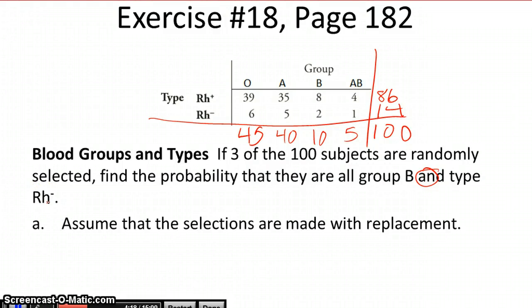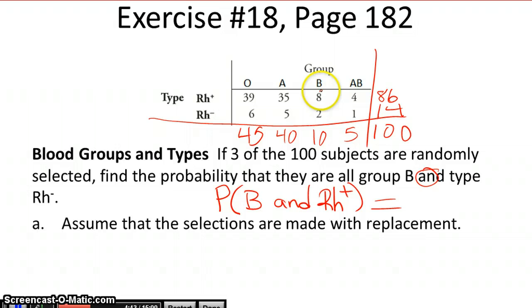That's to say, we want to first identify that the probability that one person is type B and, at the same time, Rh positive. And now that magical word and normally tells us to multiply stuff, but in this case, we don't need to because we can just identify the number of people who are both type B and at the same time Rh positive.